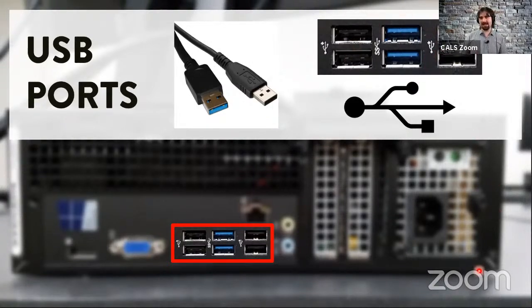So you want to plug in things where it's a little more important to be able to send and receive information quickly. For example, storage devices. For example, my USB flash drive here. I take the little cap off and I plug it in. Then I can store files on this USB device. We'll talk about file storage a little bit later on.